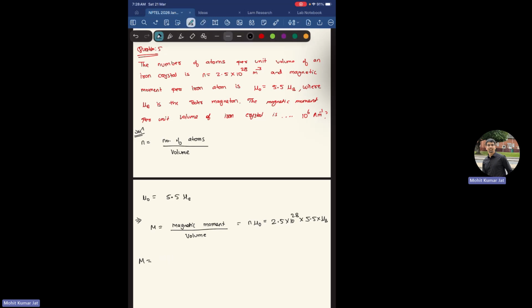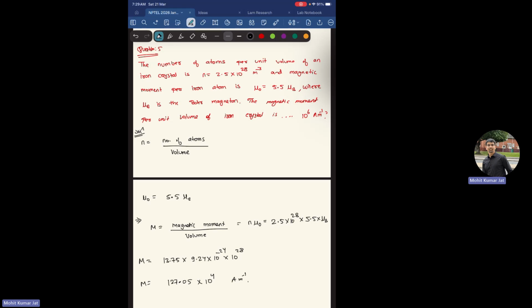Let me just calculate. 2.5 into 5.5 is 13.75, into mu B, which is 9.24 into 10 power minus 24, times 10 power 28. This gives 127.05 into 10 power 4 ampere per meter.